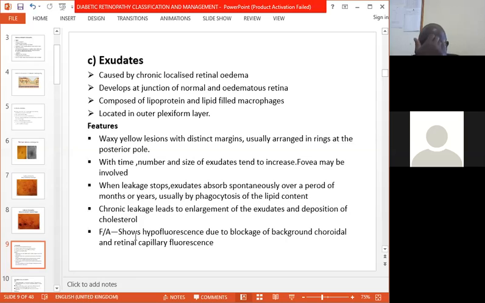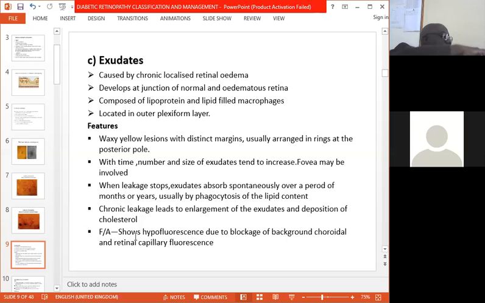Fluorescein angiography. There is hypofluorescence due to blockage of background choroidal and retinal capillary fluorescence. What happens is this. These leakages are appearing on the surface of the retina.